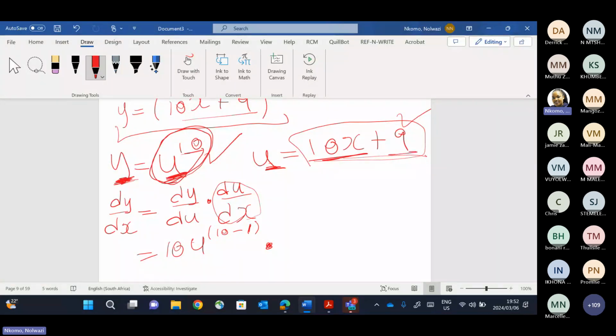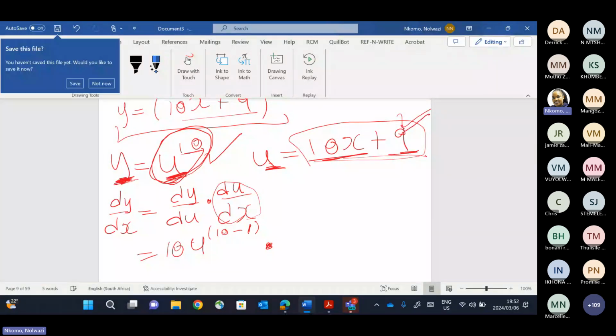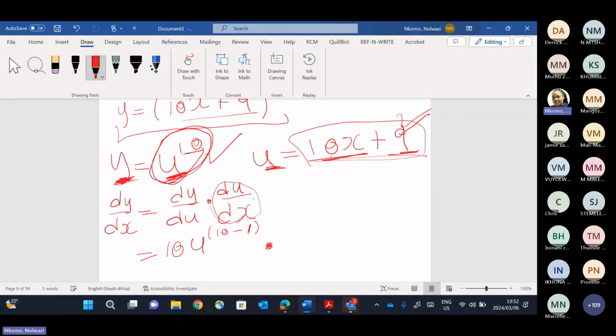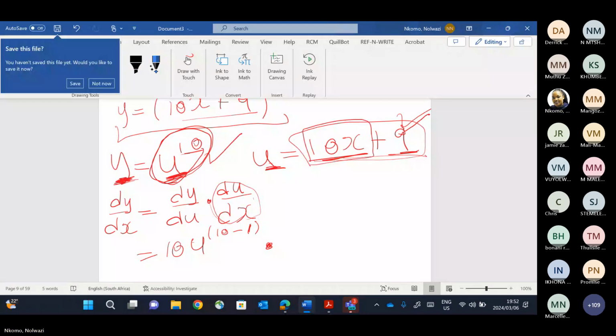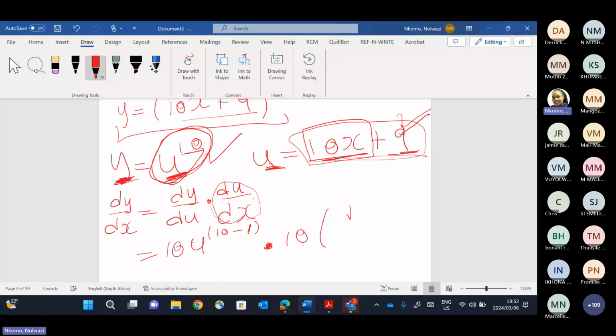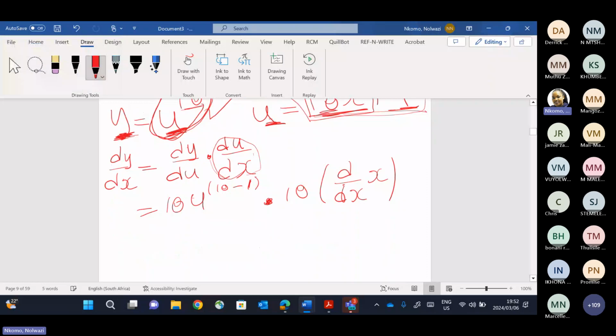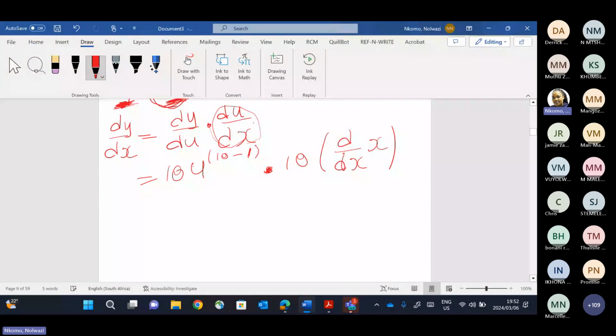You know that the derivative of the constant is 0. So we'll have the derivative of this, right? So we'll have 10 times d over dx of x, because we take out the constant, right? So this means we have 10u to the power 9 times 10.